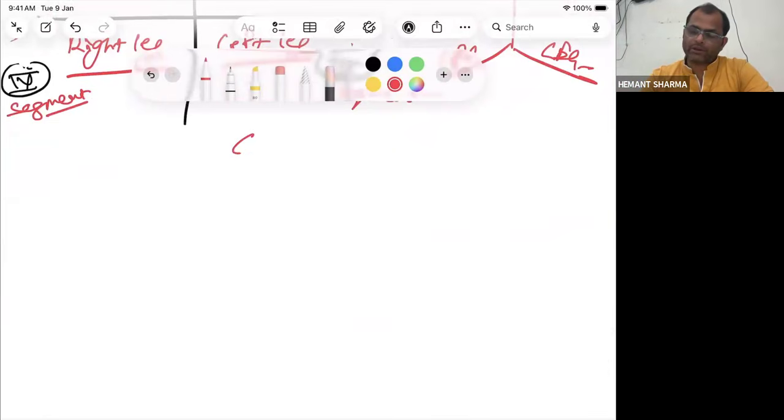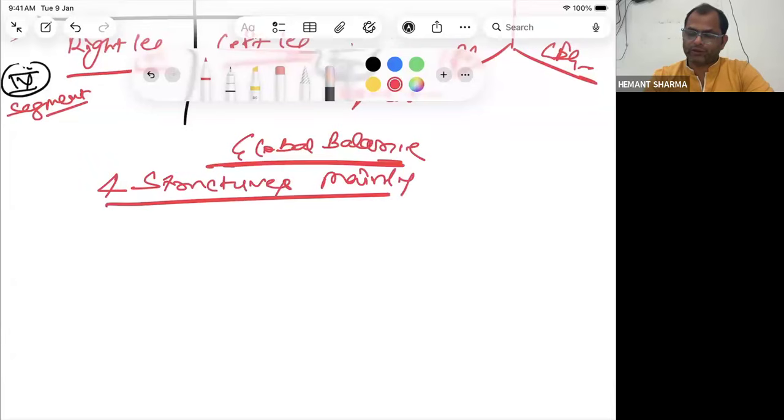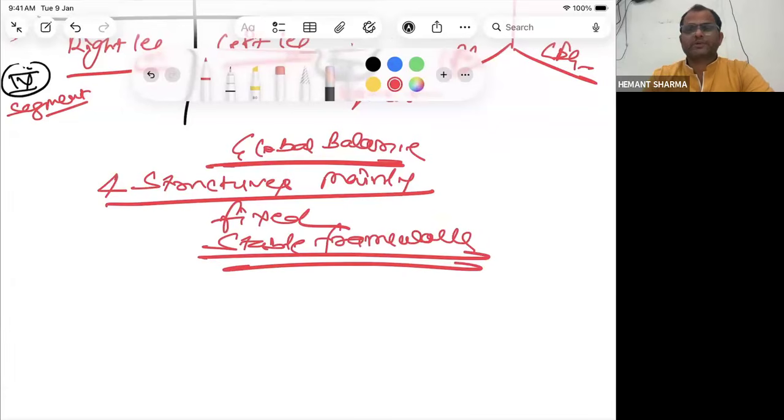Now, in the global balance, there are 4 structures mainly, and they are fixed, a stable framework because of the connections. Suppose I told you the lung can treat the spleen, and the spleen can treat the lung.